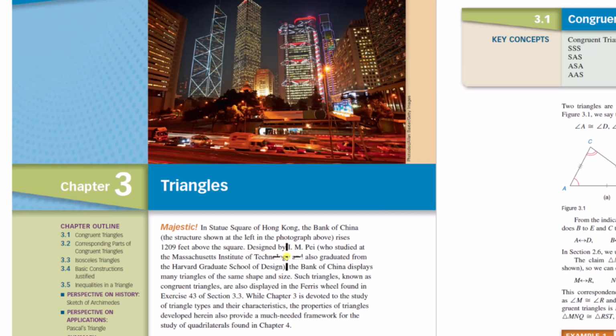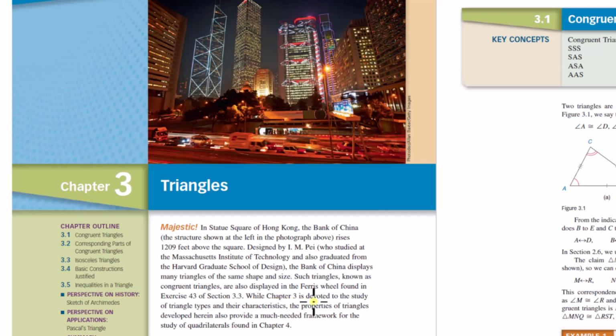Designed by I.M. Pei, who studied at MIT and also graduated from Harvard Graduate School of Design, the Bank of China displays many triangles of the same shape and size. Such triangles, known as congruent triangles, are also displayed in the Ferris wheel found in one of the previous examples.